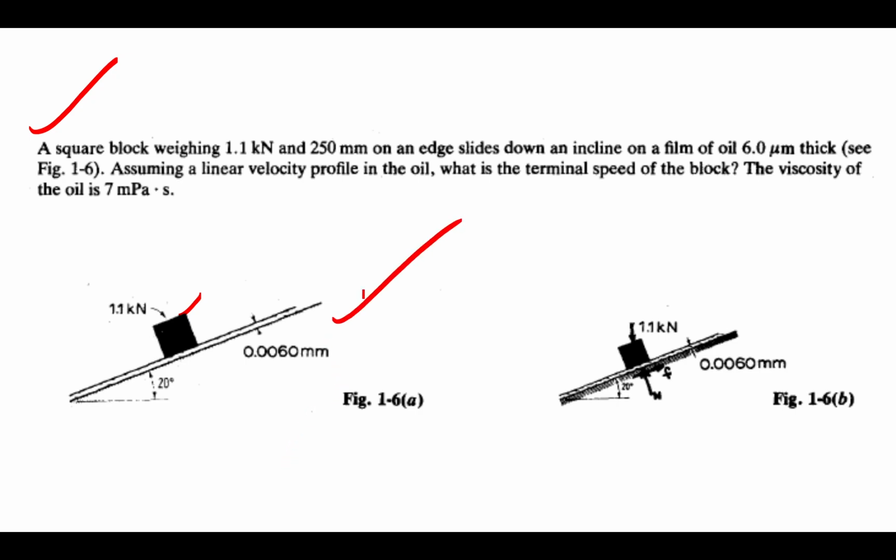Figure, if you want to see, the thickness is 0.6. It is a square block, so this is 250, this is 250, and if it is a block, definitely it will be 3D, so the height will also be 250. Everywhere 250. Now, assuming a linear velocity profile in the oil, here we need to consider a linear velocity profile.